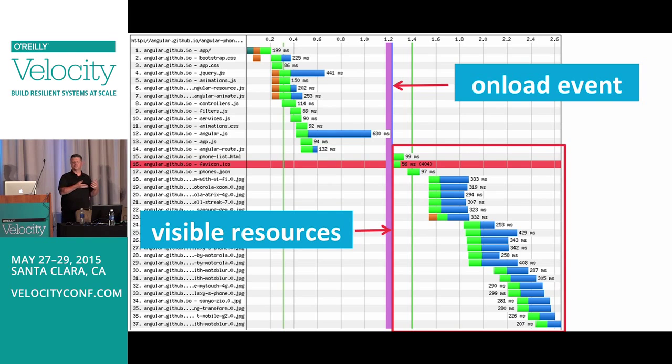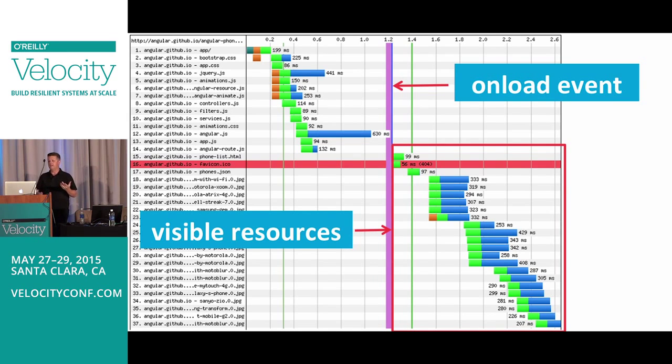This waterfall shows a hard navigation for an AngularJS app, and we can see the onload event fires there, and then all these visible assets are downloaded after the onload event. So the onload event is really kind of worthless when we're looking at single page applications.